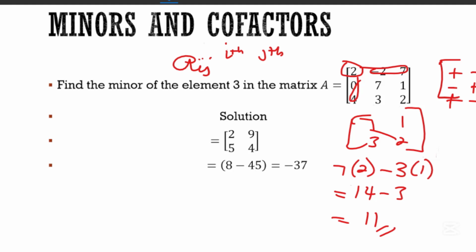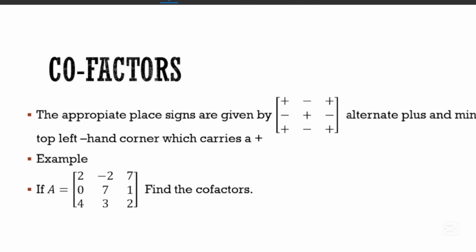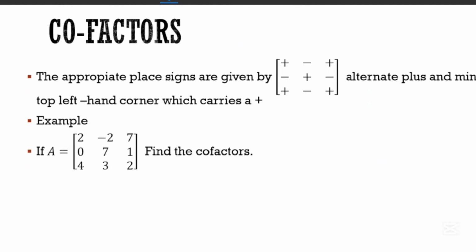So these are the rules under consideration: plus, minus, plus, minus, plus, minus, plus, minus, plus. Great. Now let's look at how to find a cofactor. As I said earlier, the appropriate place signs alternate between plus and minus, starting from the top left-hand corner, which carries a plus.